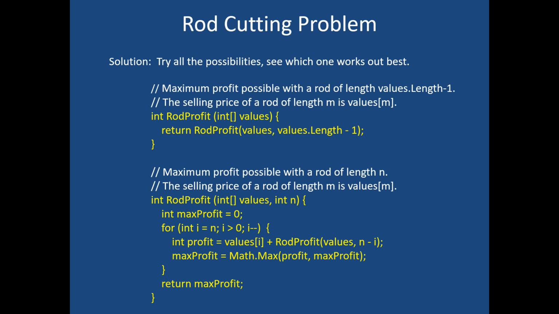So, let's fall back on something that's guaranteed to work. Try all the possibilities and see which one works best. So here's my code. I'm asked to find the rod profit, the maximum profit, given a table of values.